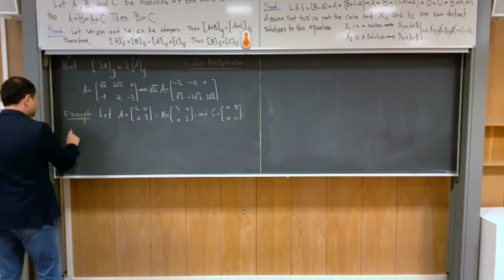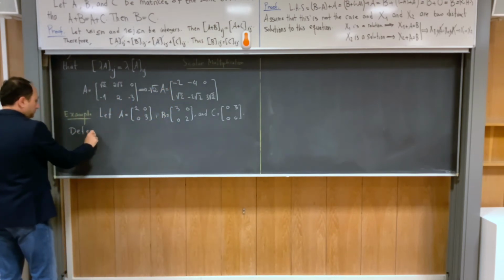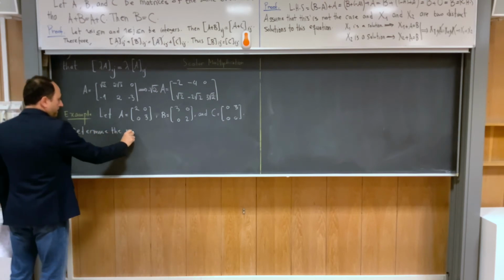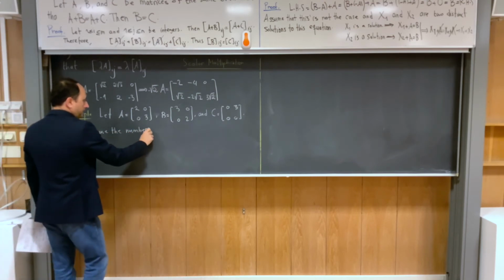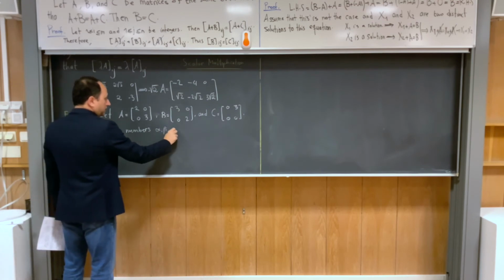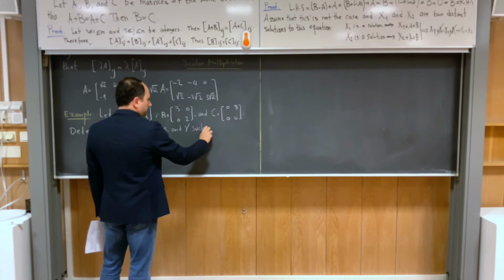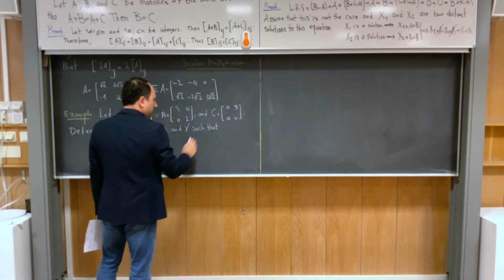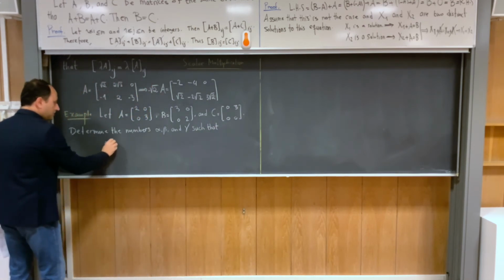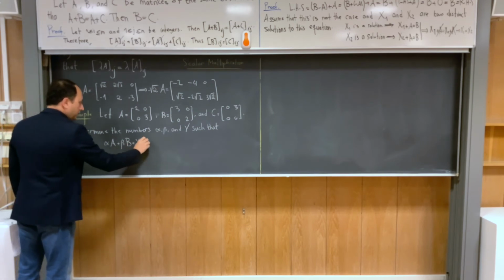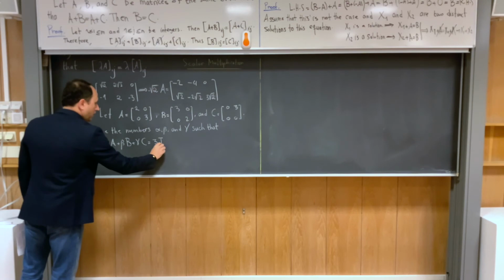Determine the numbers alpha, beta, and gamma such that alpha times A plus beta times B plus gamma times C is 3 times I.